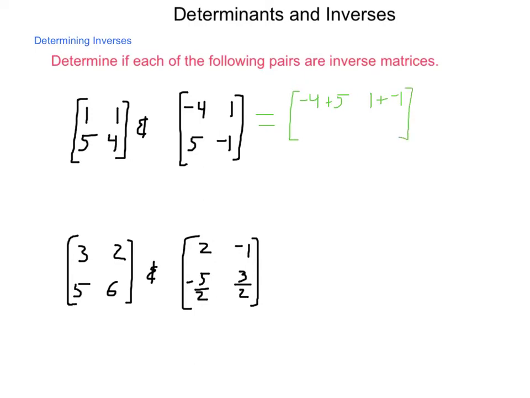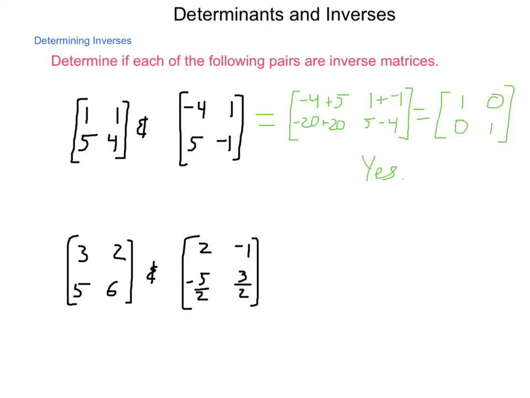Row 2, column 1 would be 5 times negative 4, which is negative 20, plus 4 times 5, which is 20. And then last, row 2, column 2, we have 5 times 1, which is 5, 4 times negative 1, which is negative 4. Adding these together, negative 4 plus 5 is 1, then 0, 0, and 1. Since it comes out with an identity matrix, yes, these are inverses of one another.